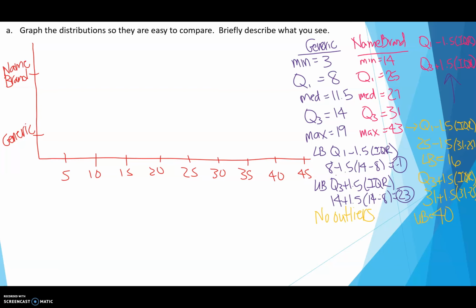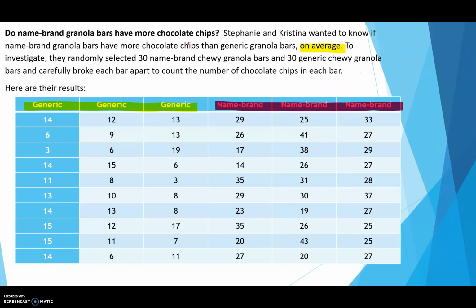Let me look back at our data set. All right, and then let's see which outliers we have. Oh yeah, okay. So here's our outliers. Oh, I'm sorry, 14. 14's an outlier because it's below 16.